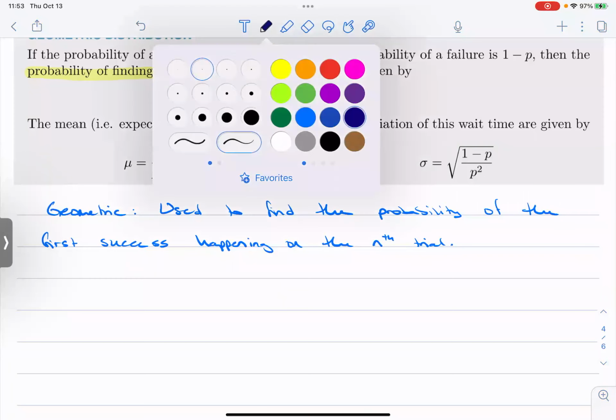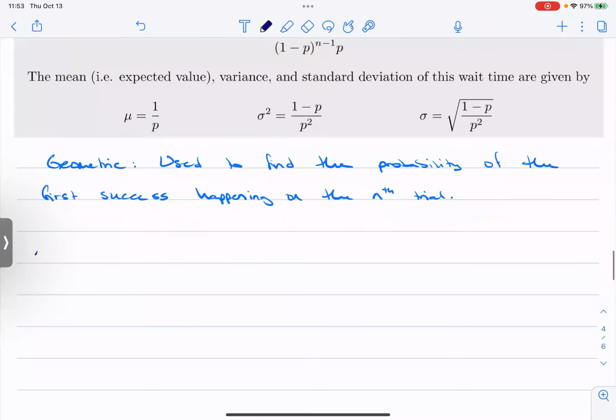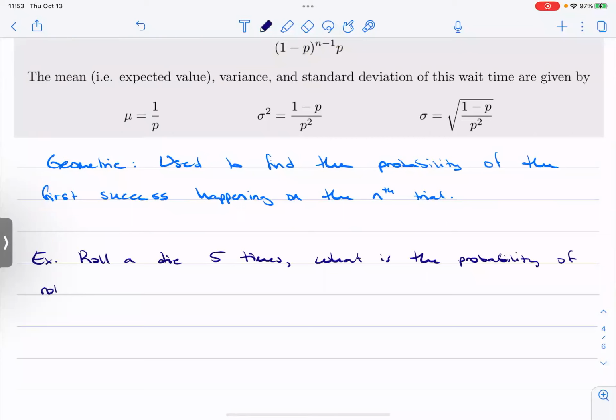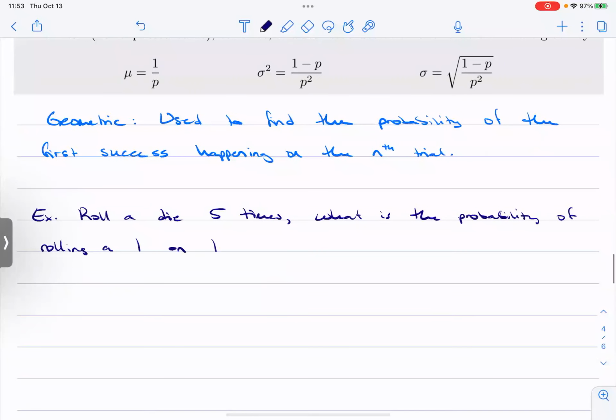So consider: roll a die 5 times. What is the probability of rolling a 1 on the 5th trial? Without that formula, what would you do?